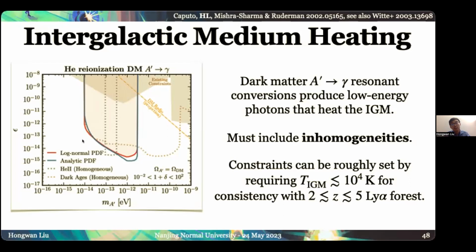If you include inhomogeneities as well, using the same formalism that I talked about, you get the result that we show on the left here in blue and in red. Again, they're roughly the same. And you can rule out very strongly a wide range of parameter space for ultralight dark photon.